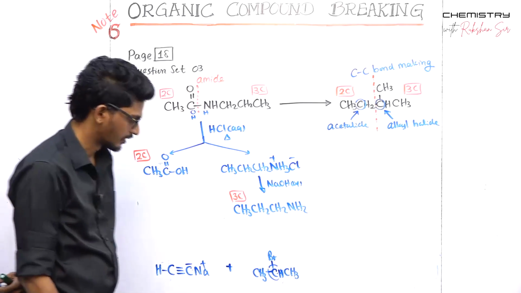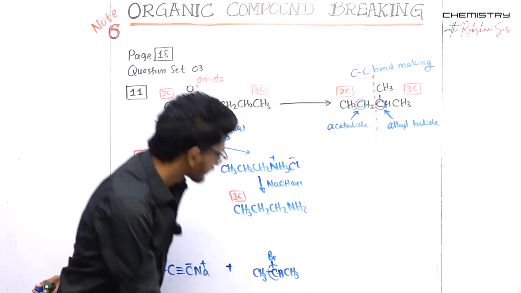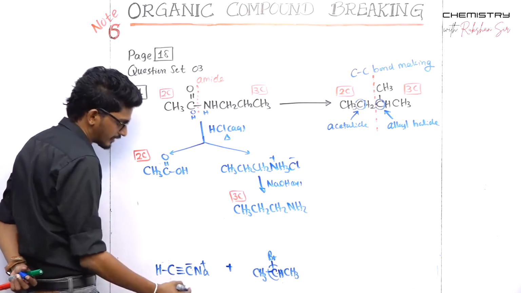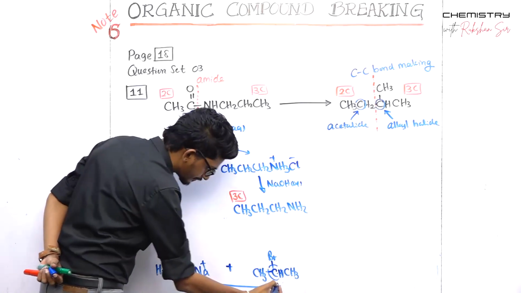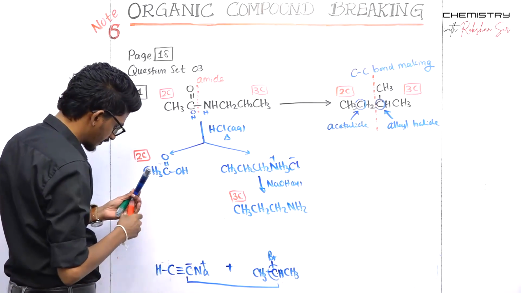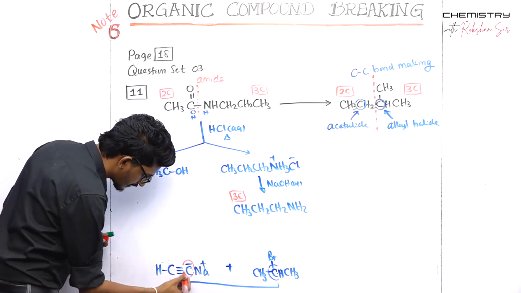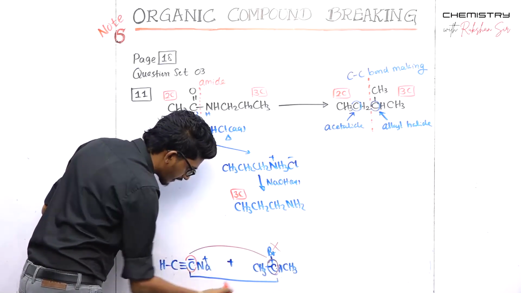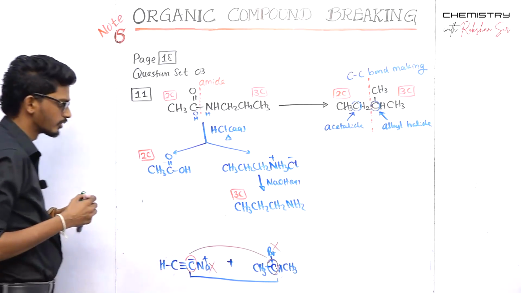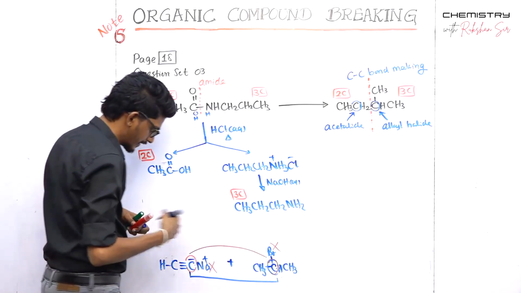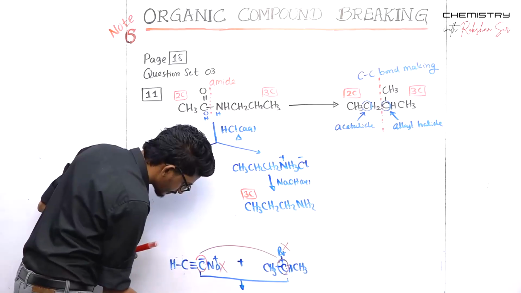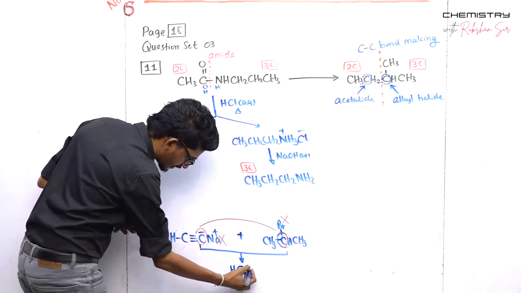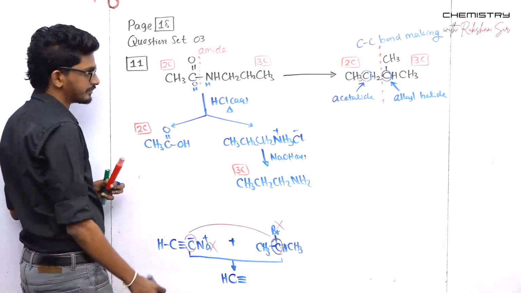Now, if you connect these 2 guys, this one will connect with this one, and Br will leave with the sodium plus. So what you will obtain is this one. Some CH is there, and the triple bond will appear.